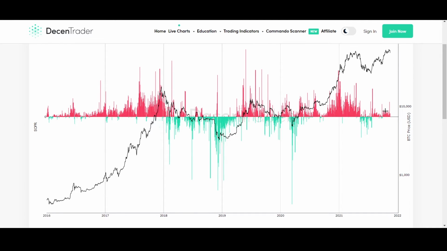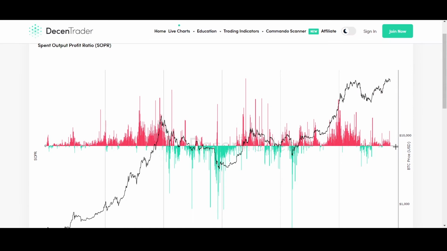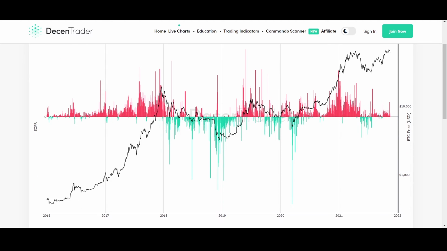we can find that we might have a period where those peaks of positive ratio of SOPR may be rounding, and right now we may head into a greenish, negative territory.